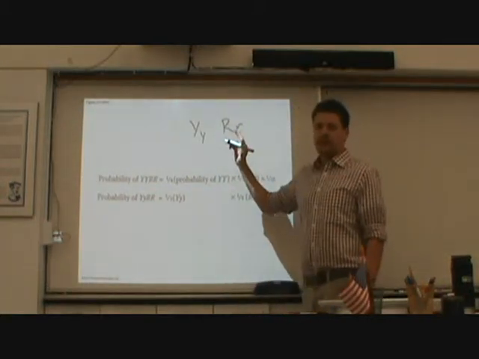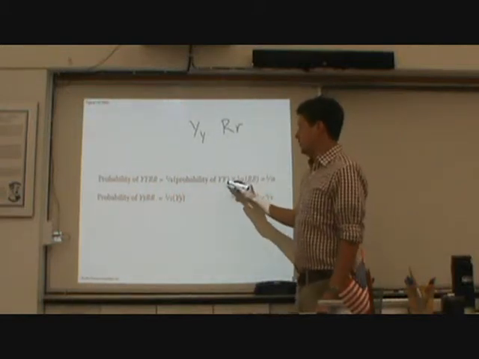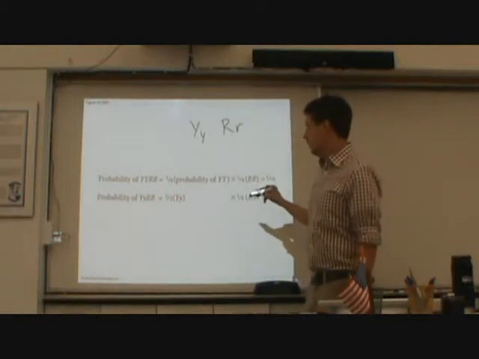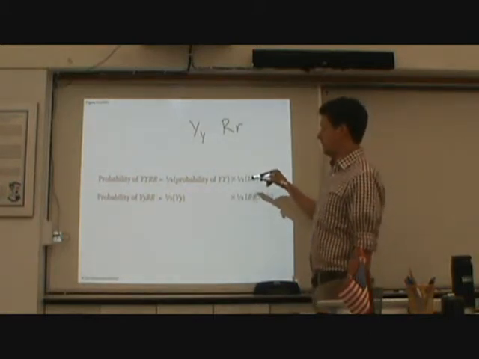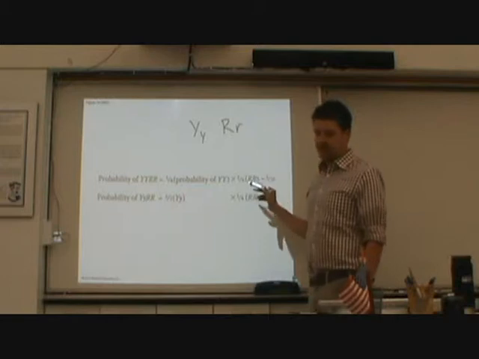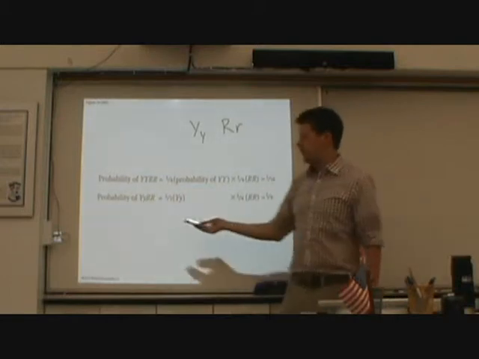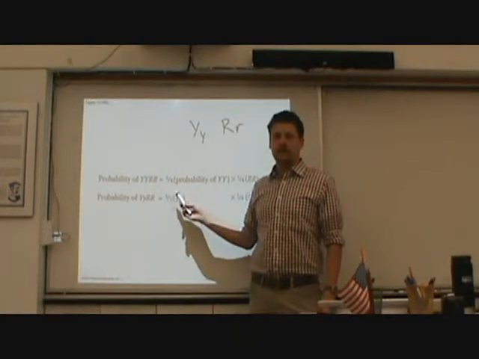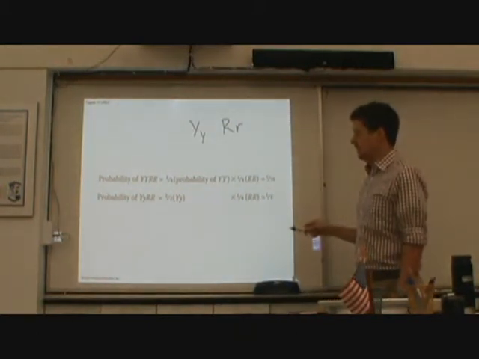If we had 2 heterozygous individuals like this, the chance of getting big Y, big Y is 1/4, and the chance of getting big R, big R is 1/4. So the likelihood of having both of those, which is homozygous dominant, is 1/16.